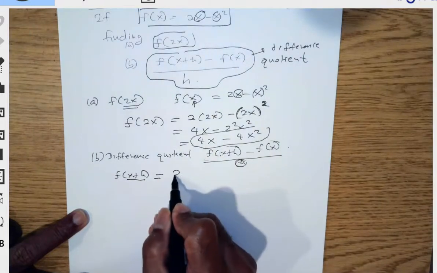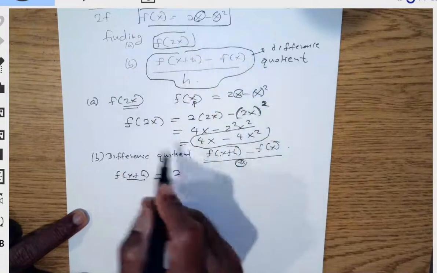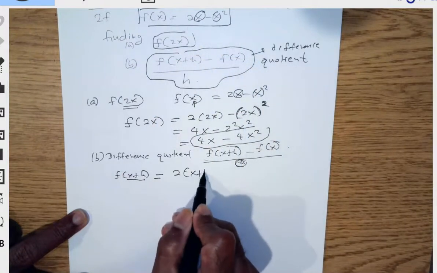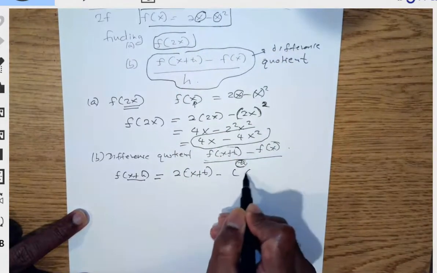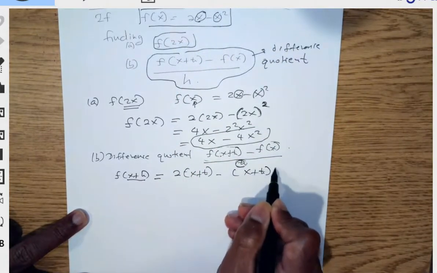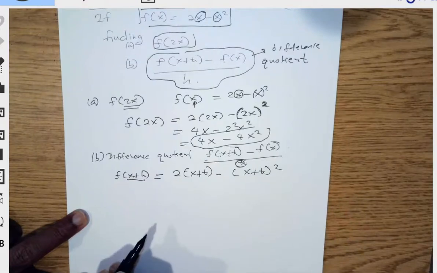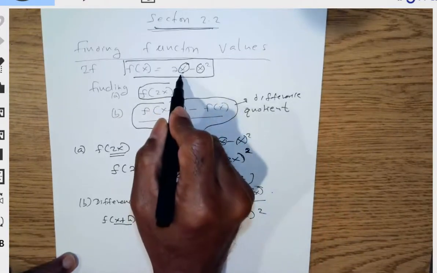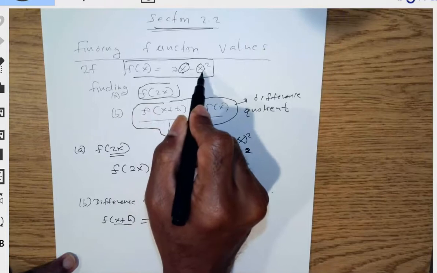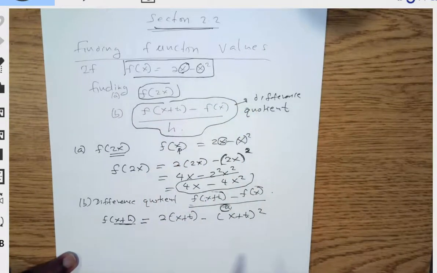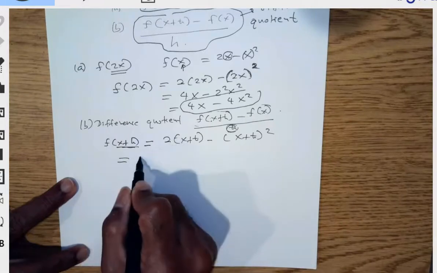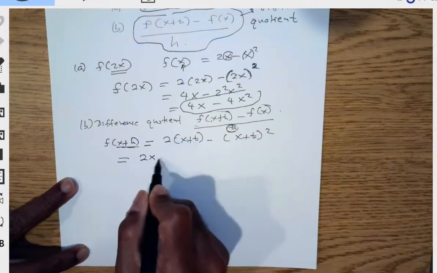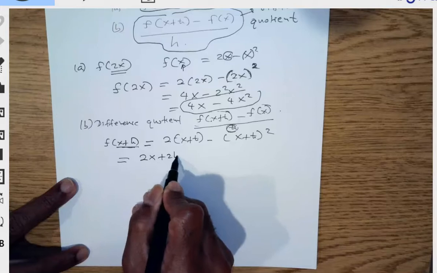So you get 2 is still there, and x is replaced by x plus h, minus x plus h squared. Wherever I see x, I replaced it by the new input x plus h. Let's expand this. Distribute the 2, and you get 2x plus 2h.